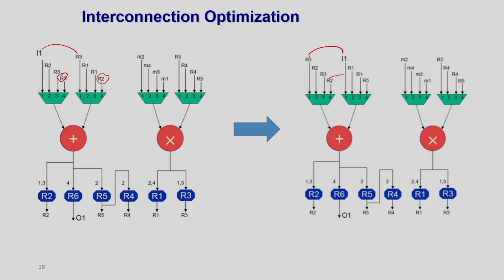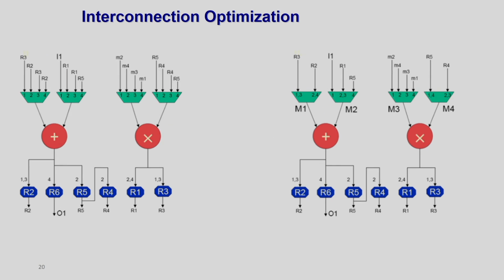So, I have just swapped R5 and R2. As a result, this particular mux now has only R3 and R2 as the input. Similar things can be done here. So, if you just do this, you can see that I can reduce this mux size from 4 to 2, I reduce this mux size from this to this.